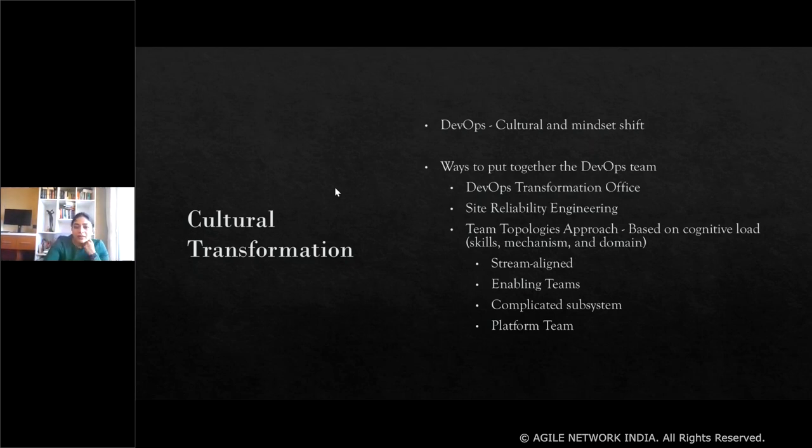Now let me share my experience: there have been two or three ways of putting together the DevOps structure. Number one that I have seen is the formation of a centralized DevOps transformation office or model. In this model, the autonomy and power to work with the product teams and engagements, or you can call it a capability, function, or division, whatever you want, is used to assess and improve the DevOps maturity of the product teams.